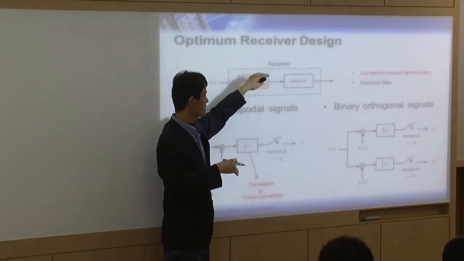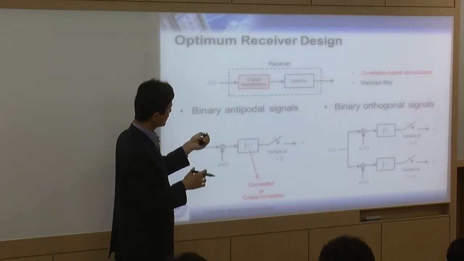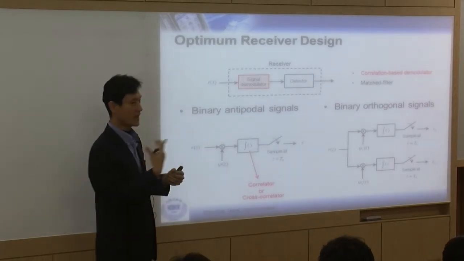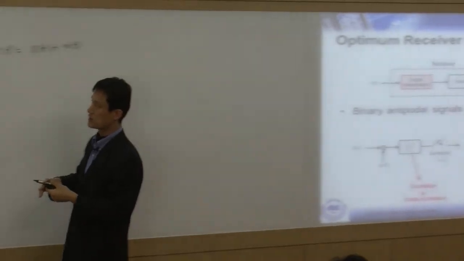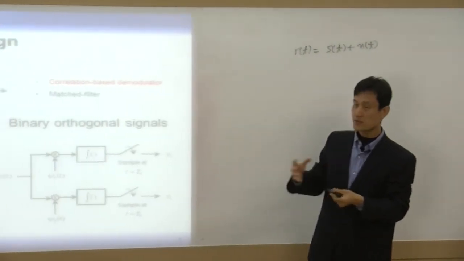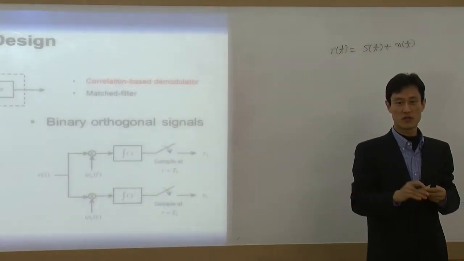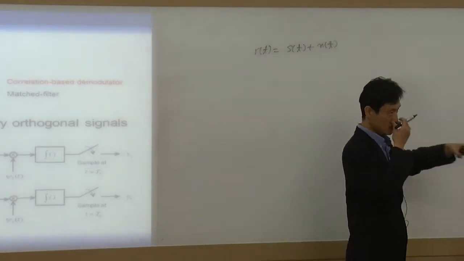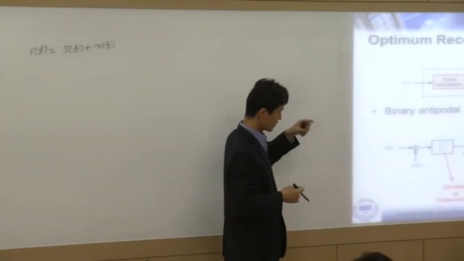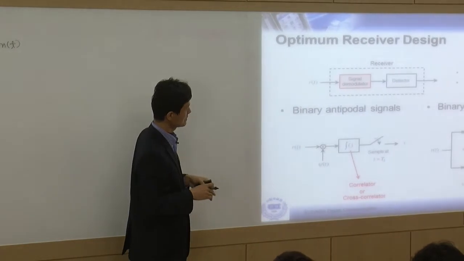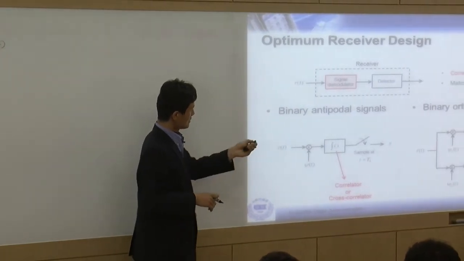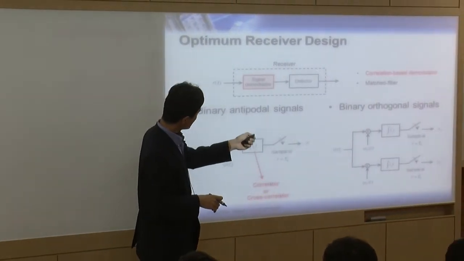The whole picture is a receiver. And the goal of this receiver is to detect 0 or 1, because eventually what we transmitted is a 0 or 1, right? So we need to make a decision, either 0 or 1. So we need to recover 0 or 1.